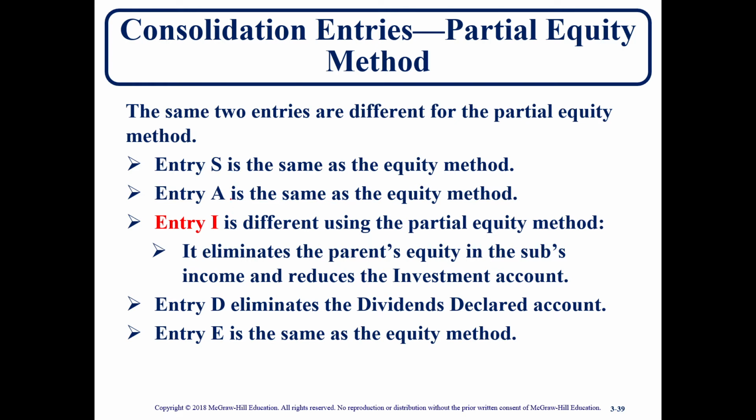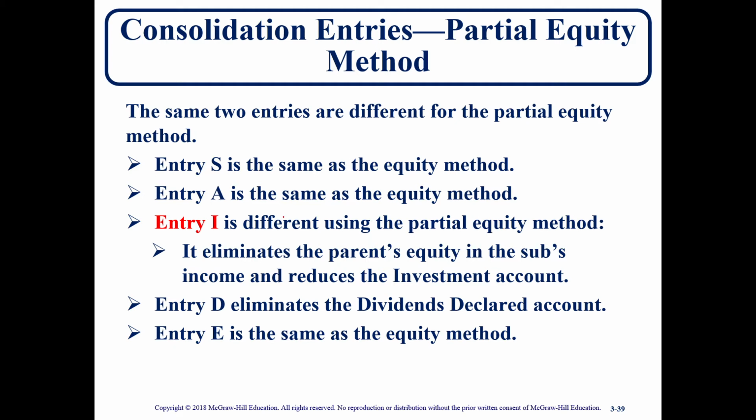We have entry A, which is to adjust the sub's book values of assets and liabilities to fair market values on date of acquisition, minus any accumulated depreciation or amortization if we're looking at subsequent years. And then we have our entry I, which, as we said, the amount will be different than the equity method because it will not have that amortization.